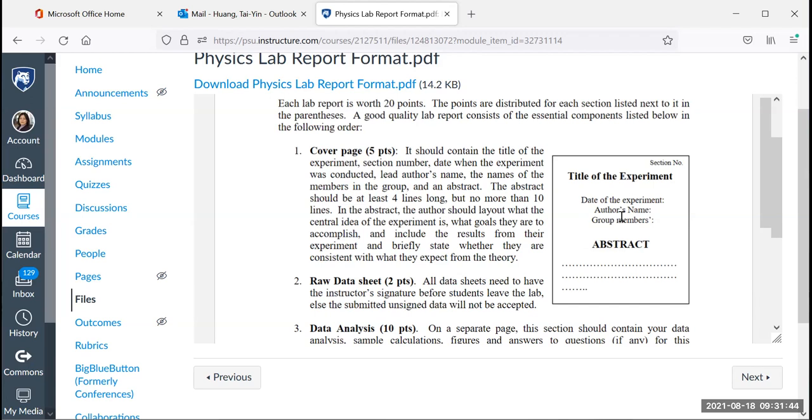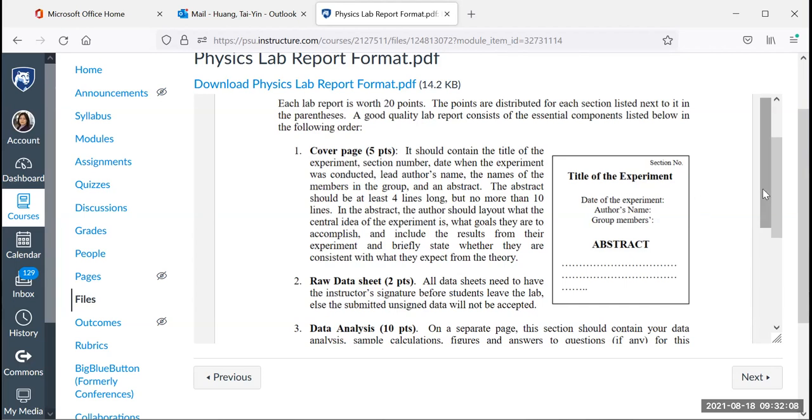And I know that a lot of you would use the editing function. When you submit a report, make sure that all the edit comments and edit functions are removed, so that what you submit is a report, not one with comments, suggestions and questions.